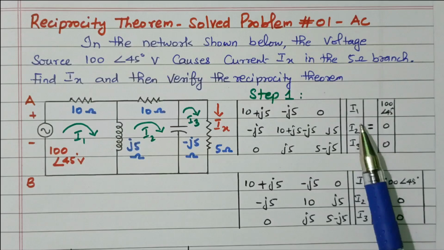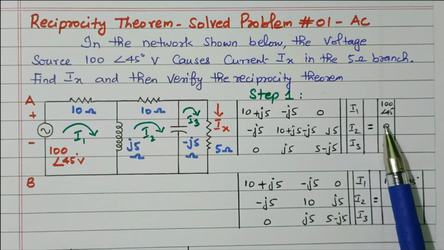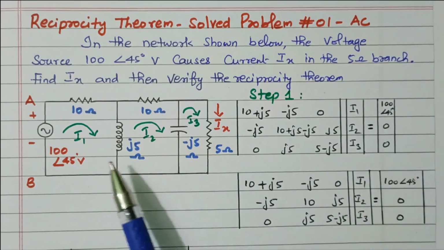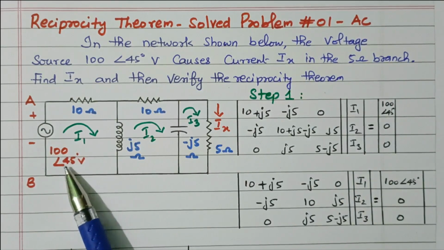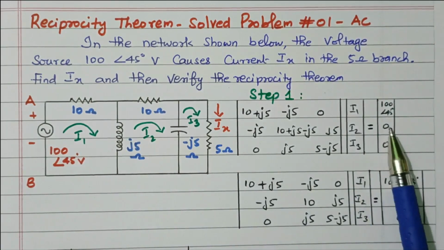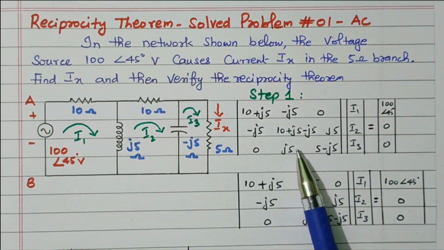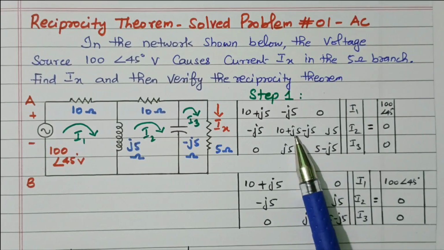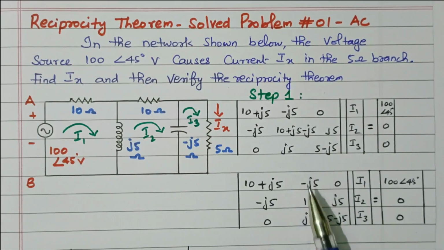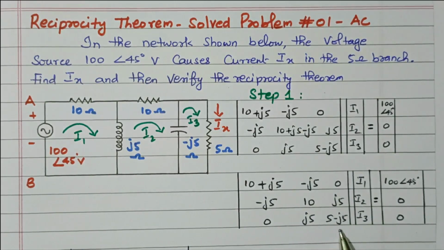Then the currents are I1, I2, I3. The voltage is 100 volts at 45 degrees in loop 1. In loop 2 and loop 3 the voltage source is not available, so 0. After simplification, the plus J5 and minus J5 cancel, giving 10, J5, 0, J5, 5 minus J5. So this is the resistance matrix.